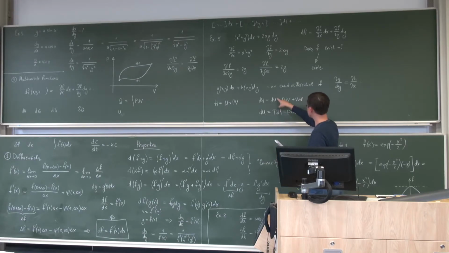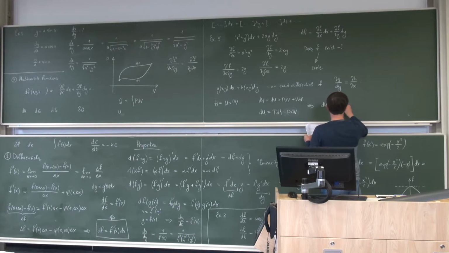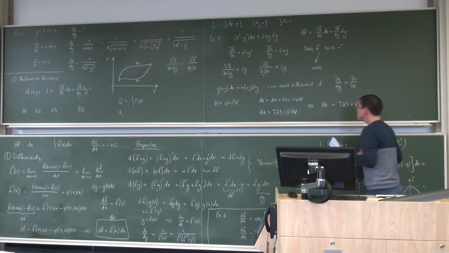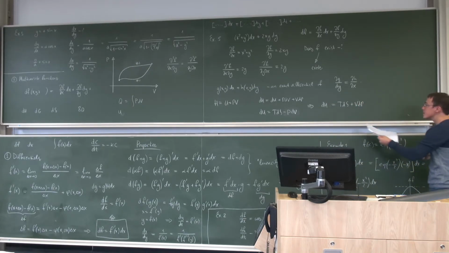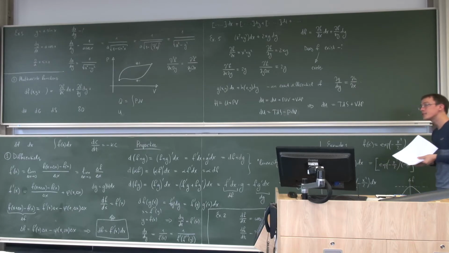If we substitute that here, one instance of P dV cancels, and so we have dH equals T dS plus V dP. Now we know that enthalpy is a function of state, and it therefore must be an exact differential.